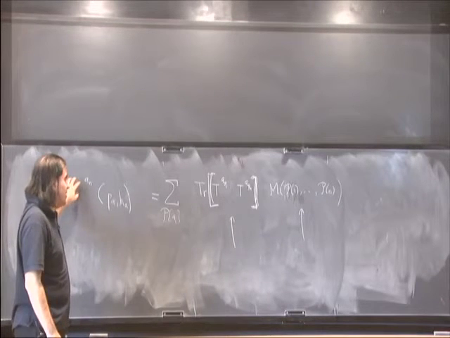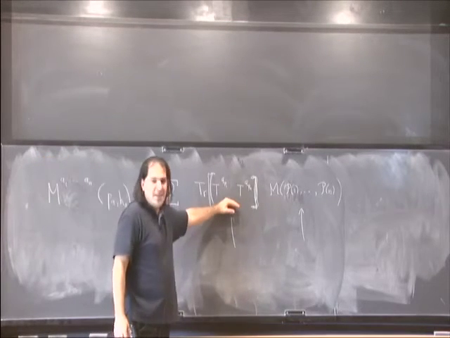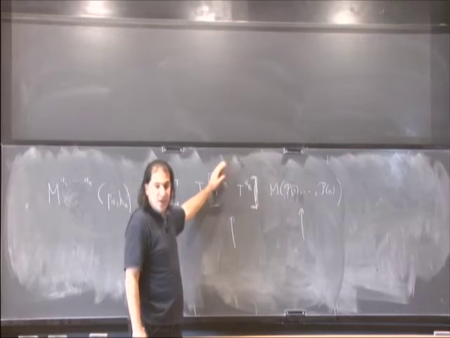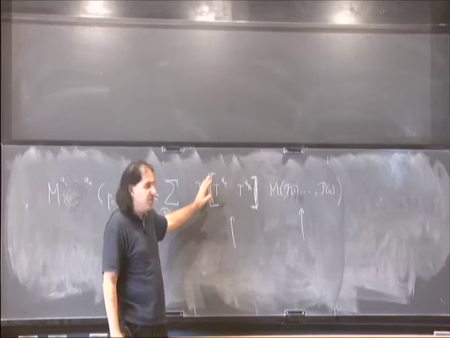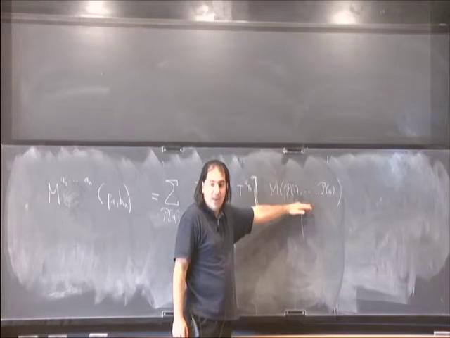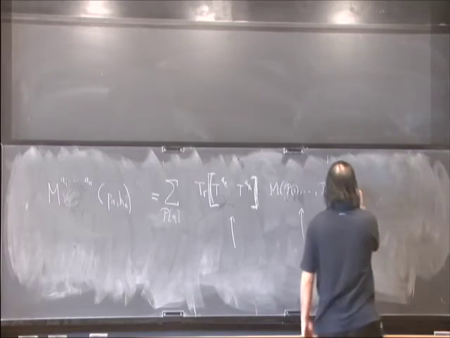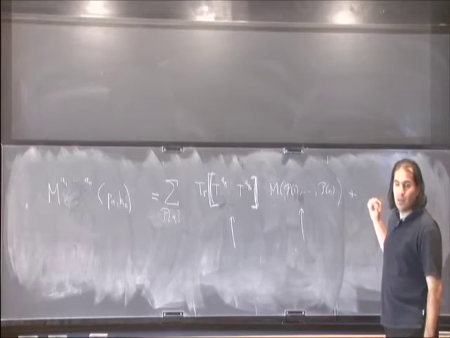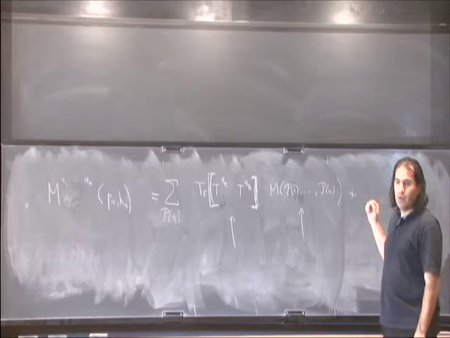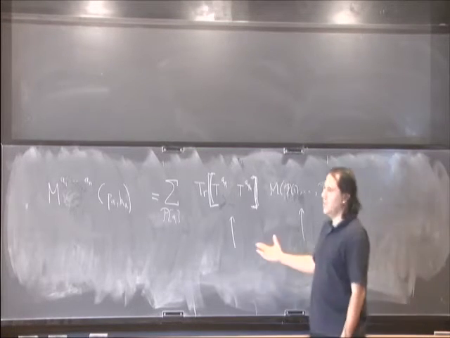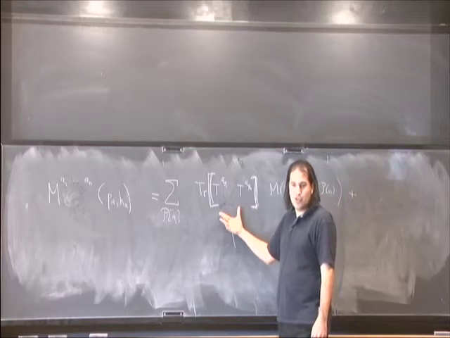It's just that the color structure comes out in factors that can be organized in terms of these traces and everything else. Why only the obvious representation? Oh, it doesn't matter. Pick any representation you like.